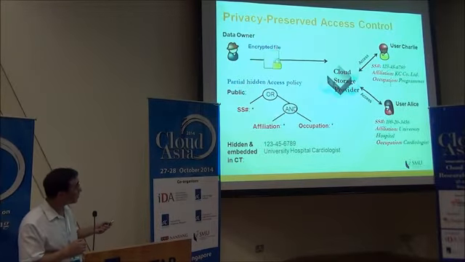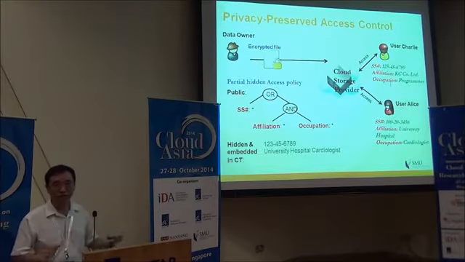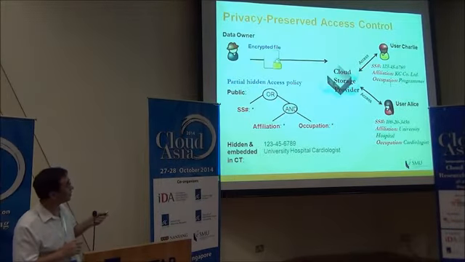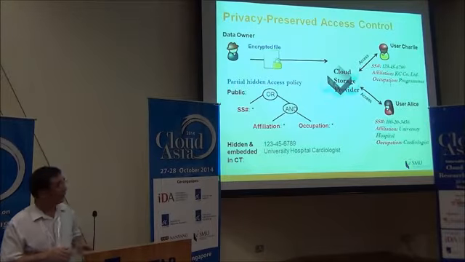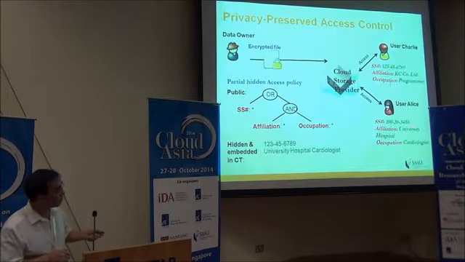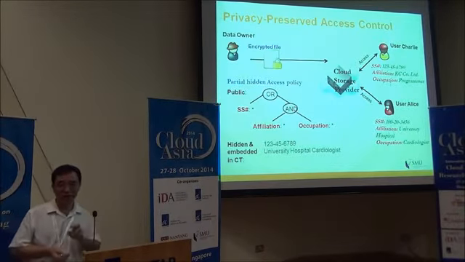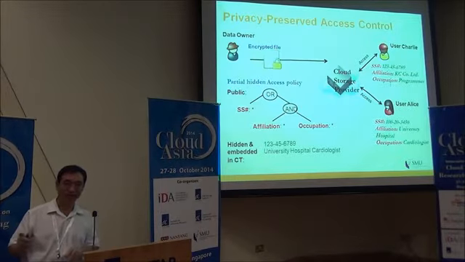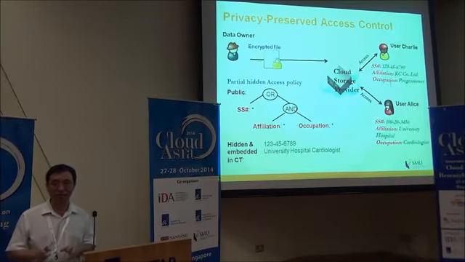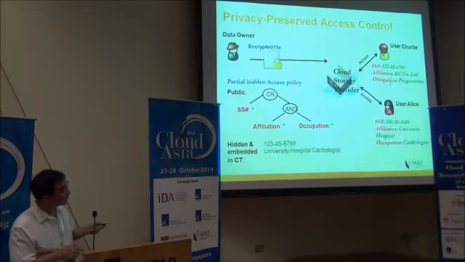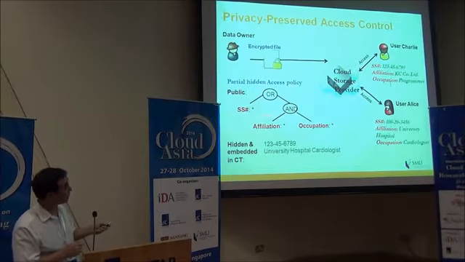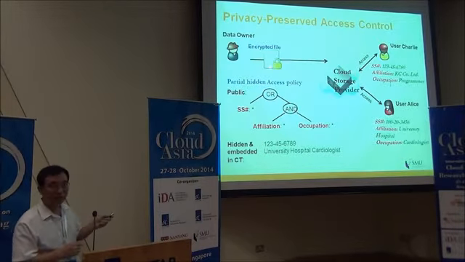This policy only has the name of the attribute without the value. Values are hidden in the ciphertext. The potential users each have a set of attributes, and they also have a secret key corresponding to the attribute. If the attribute satisfies the policy, we are able to decrypt the data.